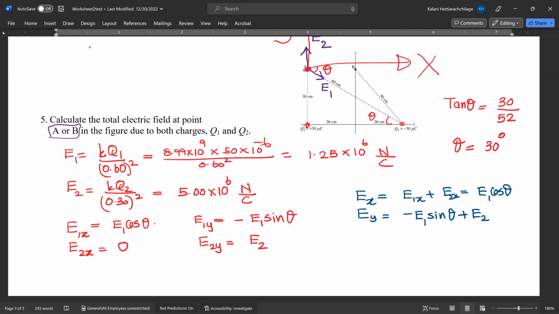I have Ex after you plug in E1 times cosine theta. You know that E1 is 1.25 times 10 to the power 6 times cosine of 30, right? Cosine of 30 is root 3 over 2. And I have the value for that, 1.0 times 10 to the power 6.